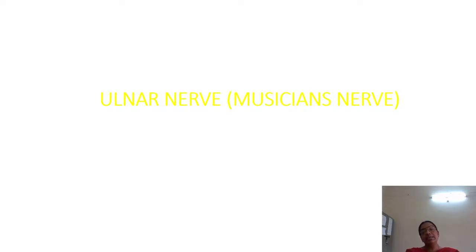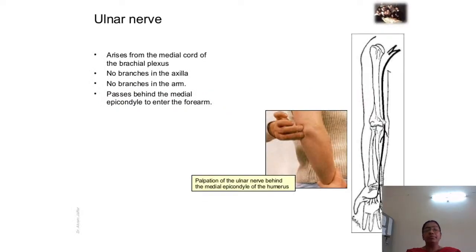The next nerve is the ulnar nerve, which is the musician's nerve. The ulnar nerve arises from the medial cord of the brachial plexus. The lateral root of the lateral cord and the medial root of the medial cord join to form the median nerve, but the ulnar nerve arises from the medial cord.